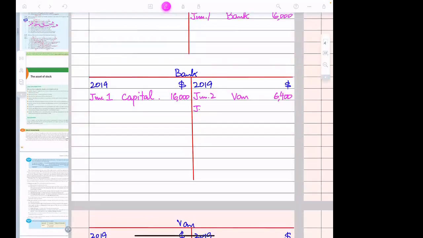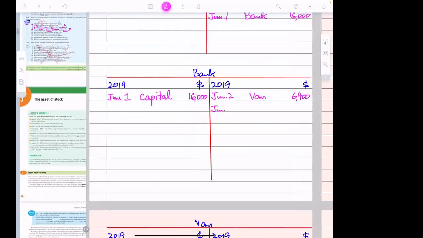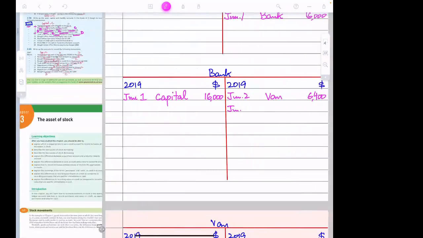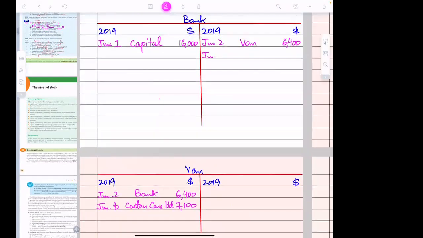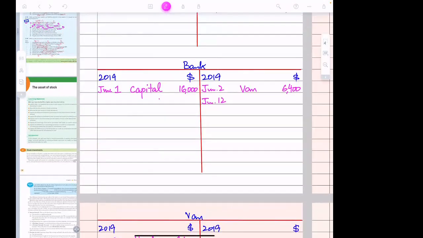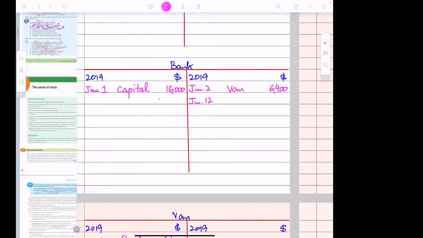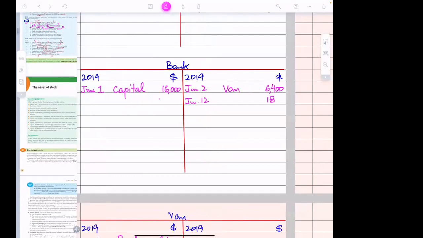So bank is credited. Sorry, this was June 12th, right? Yes, June 12th. So June 12th, the amount was 180. And the name of the other account was cash.